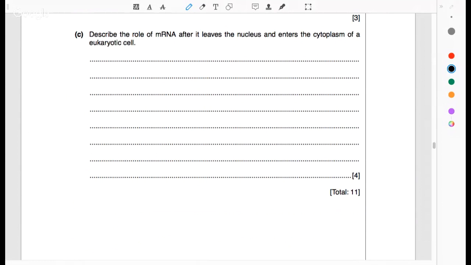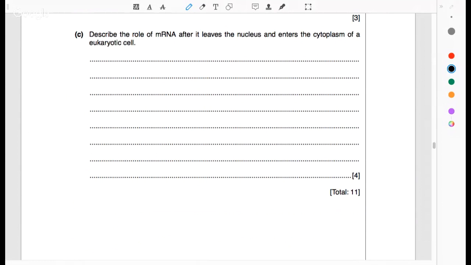So the mRNA binds to the ribosome. And tRNA molecules bind to the ribosome and complementary anticodons bind with hydrogen bonds to codons of our mRNA.